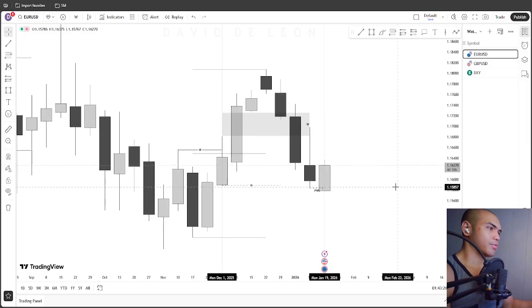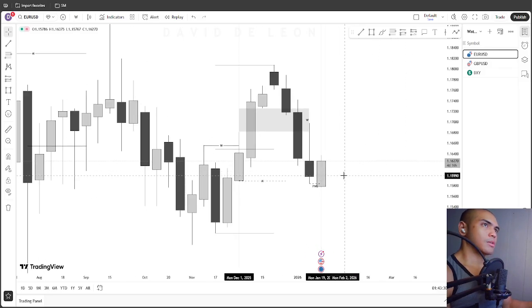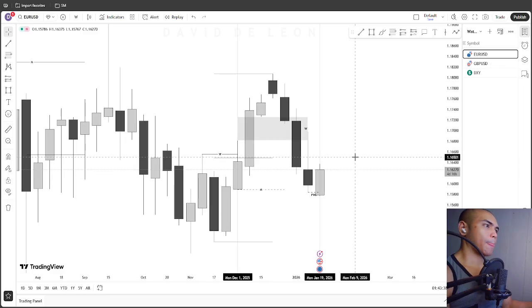We have a lot of important news coming up. We can still respect this bearishness to the downside for the weekly. The weekly structure is currently bullish, but I'm not anticipating any bullishness currently.